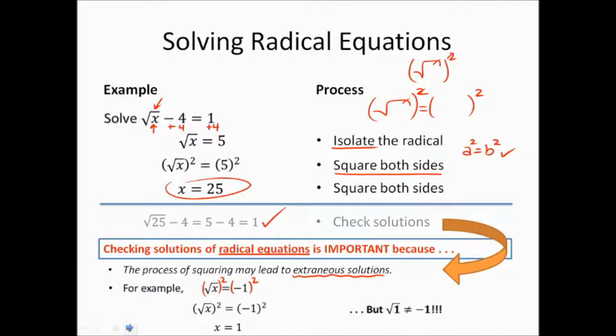But does that work? If we plug in a 1, that would mean that root 1 would equal negative 1. Does negative 1 times negative 1 give us a 1 back? No. So, really, really important to check your solutions. Most often they work, but sometimes they don't.